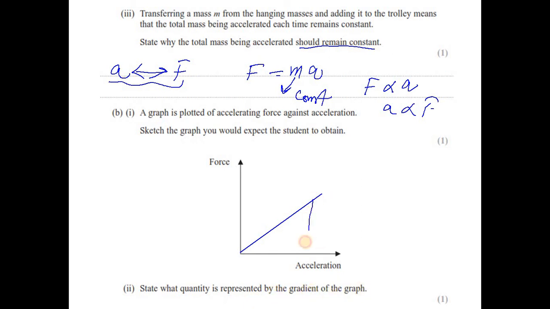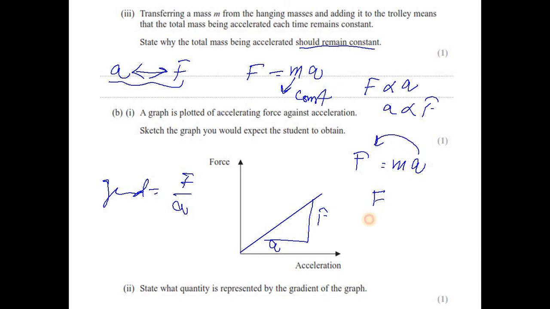So the gradient is equal to force upon acceleration, because the vertical height will be the value of force and the horizontal length, or the run, is acceleration. So F upon a, and if you see F equals ma, and if you move a to the other side, it becomes F upon a, which is equal to the mass. So the gradient will give you mass.